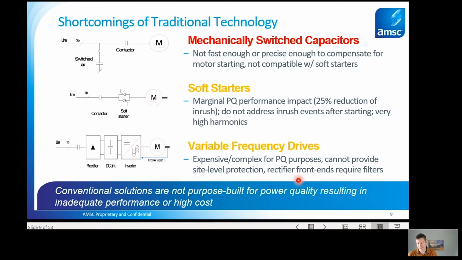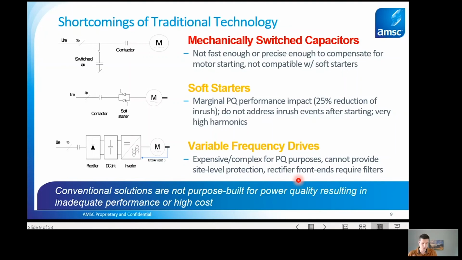Furthermore, variable frequency drives, if you've got 20, 30 motors at a site, you're going to need 20 to 30 VFDs to solve the PQ problem, and that gets very expensive very quickly. Lastly, people forget this. Larger VFDs in particular do not meet IEEE 519 inherently, and they leave it up to the customer to solve that problem, which can get very expensive, both to study that problem and to then address the problem with the appropriate filtering technique.